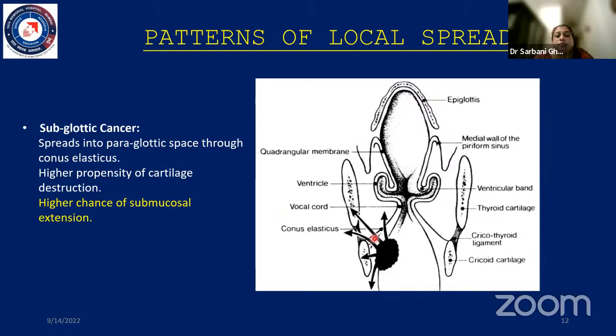So this is how it would spread, with a higher propensity for cartilage involvement, and there is a higher chance even of submucosal disease extension. Hence, in these cancers, it would be important for us not only to have a mucosal evaluation, but also to have appropriate imaging to know the exact extent of tumor.